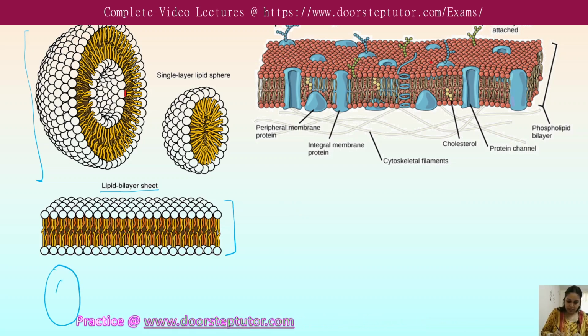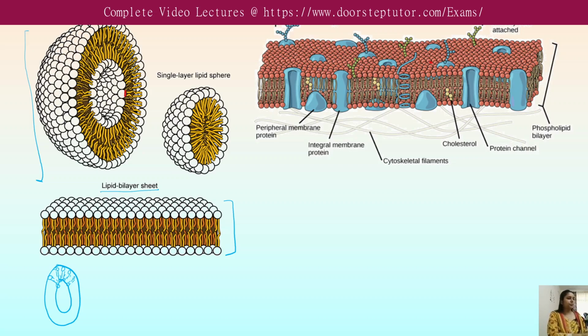So when the water concentration is more, the lipids are arranged in the liposome structure in this manner. And there is also a single layer lipid sphere available, like in the case of the micelle. So in this way, the lipid gets arranged in the bilayer form.